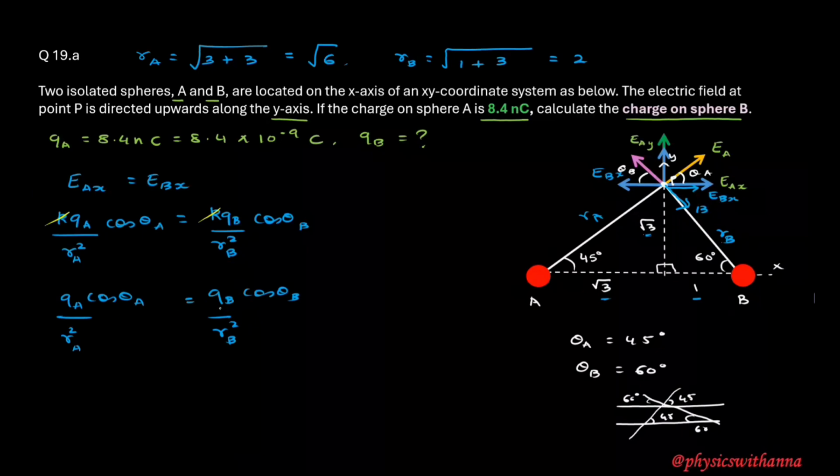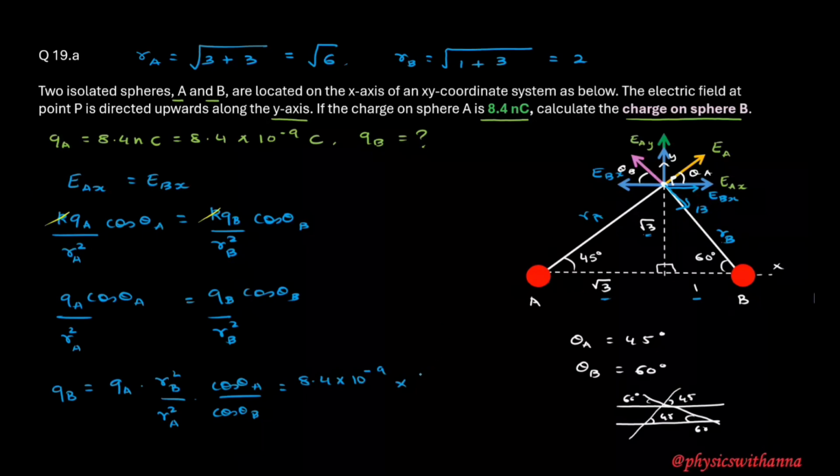You can also use shift solve by substituting all the values here. So I write QB to be equal to QA into RB squared over RA squared into cosine theta A over cosine theta B. Now substitute QA is 8.4 times 10 to the power negative 9.